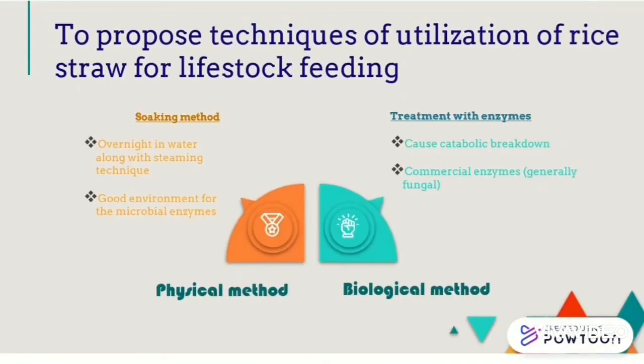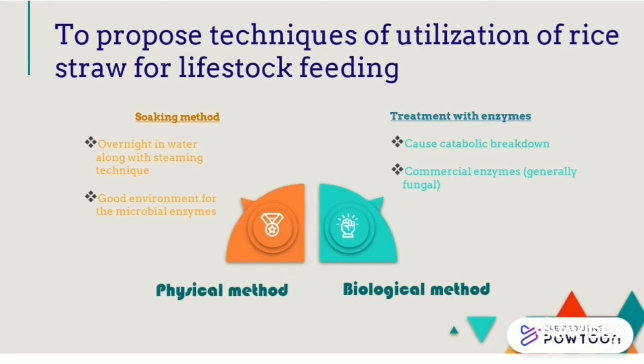Next, we would like to propose two techniques of utilization of rice straw for livestock feeding. First is the physical method. This method is a practical and reasonable practice. It is also an inexpensive process, which needs the rice straw to be soaked overnight in water along with a steaming technique.